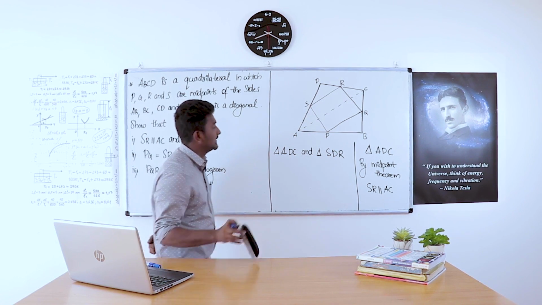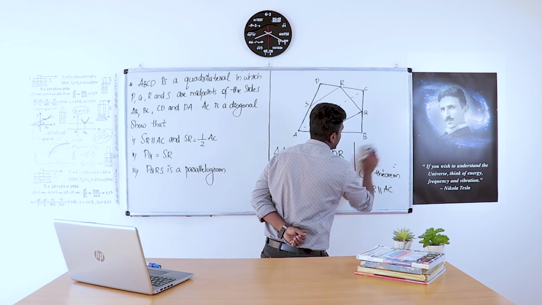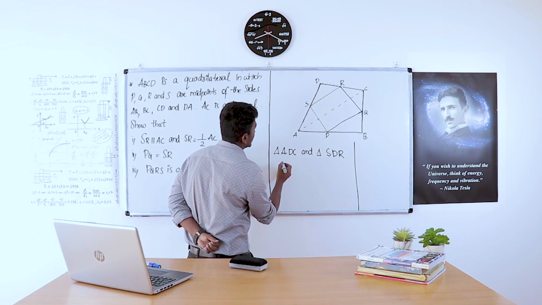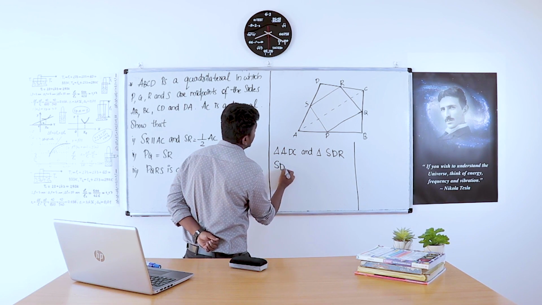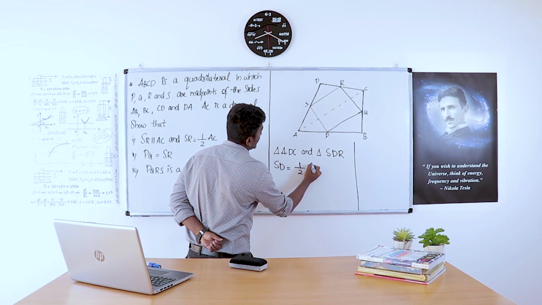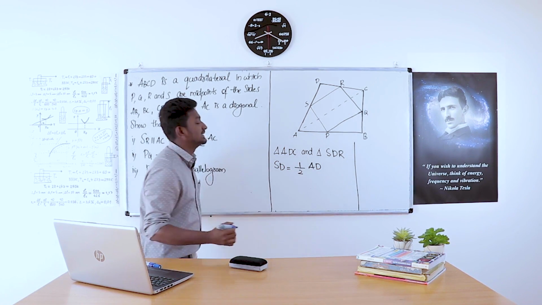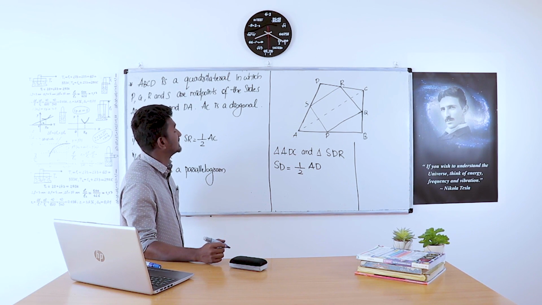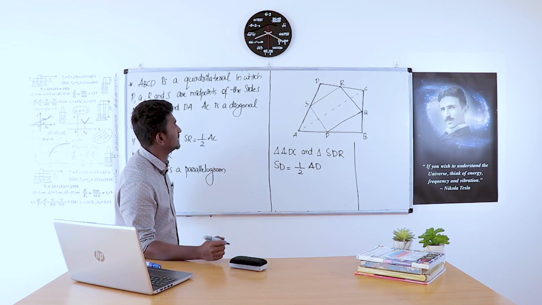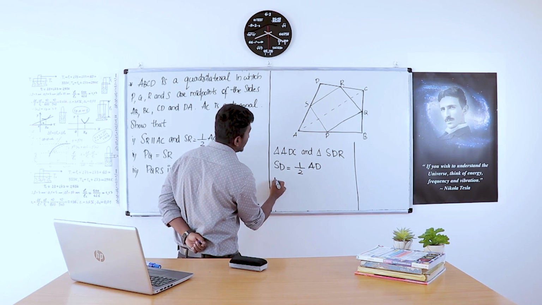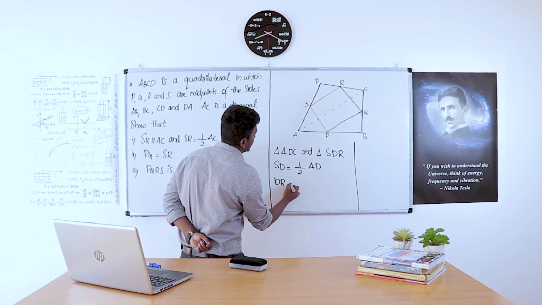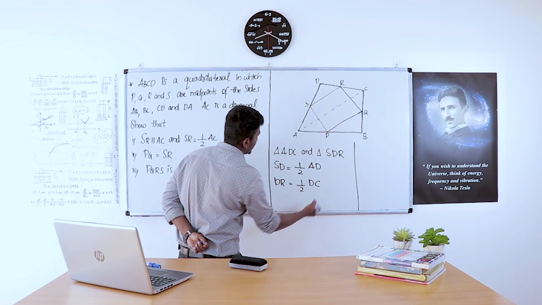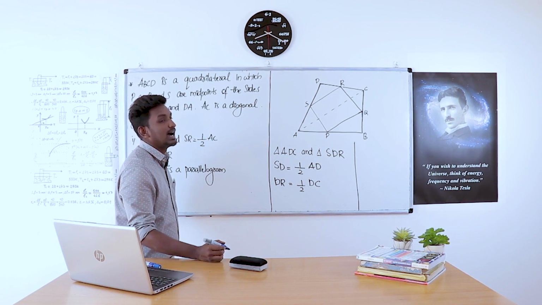Look at these triangles. Is there any peculiarity for these two triangles? Yes, there is. We know that SD is equal to half of AD because S is the midpoint of AD. Then look at the next side: DR is equal to half of DC.